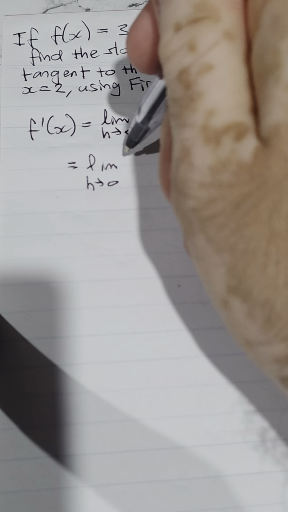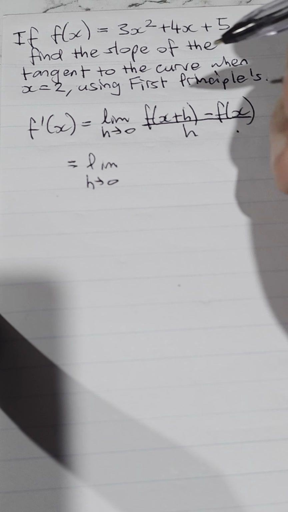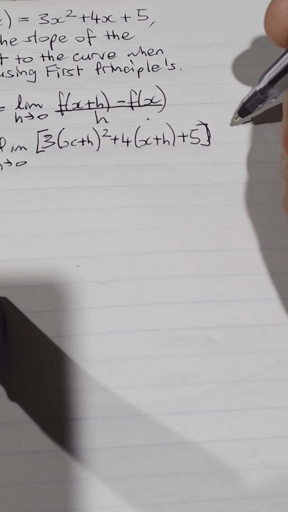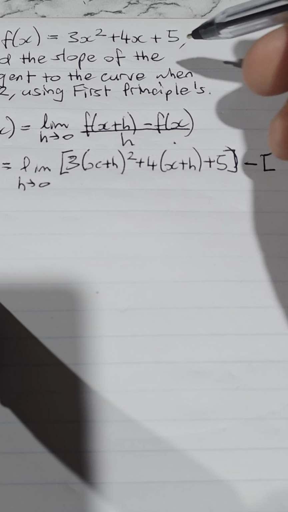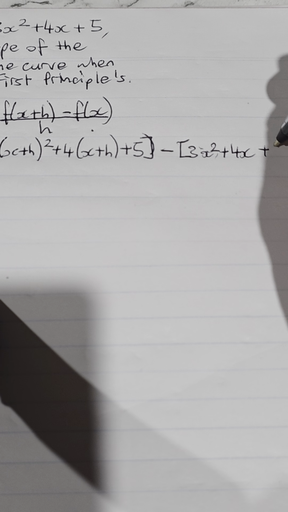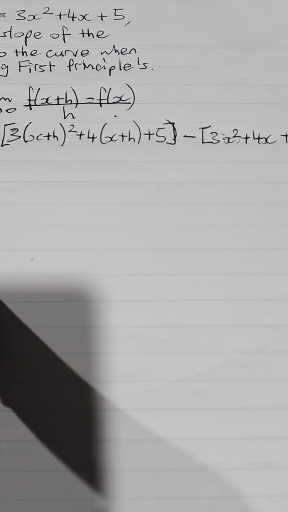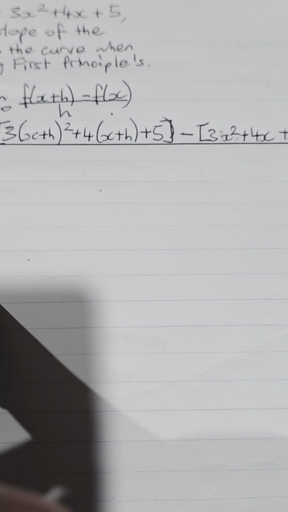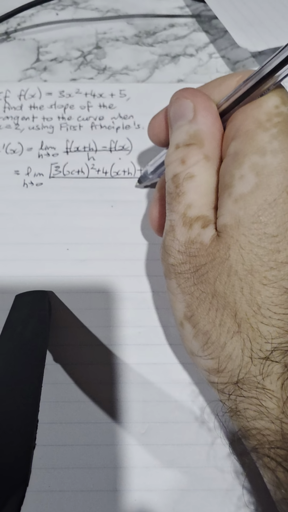So it's the limit as h tends to naught of, I'll put a square bracket here, 3 of x plus h squared plus 4 of x plus h plus 5, minus f of x, which is 3x squared plus 4x plus 5, divided by h.